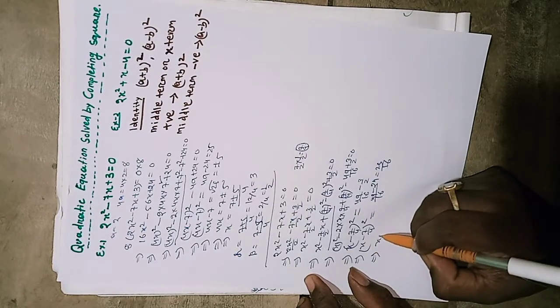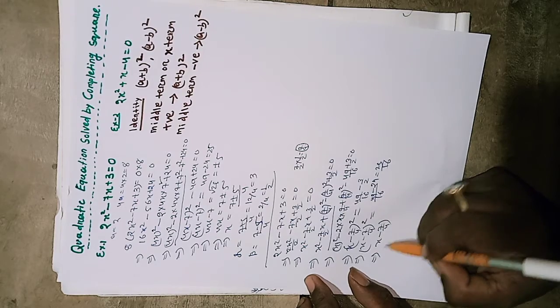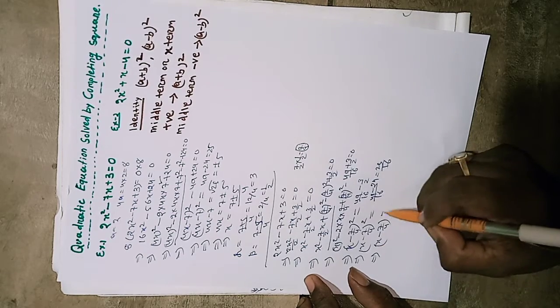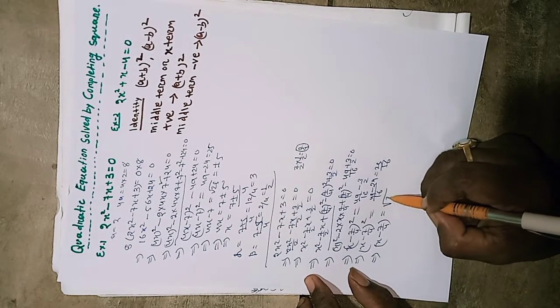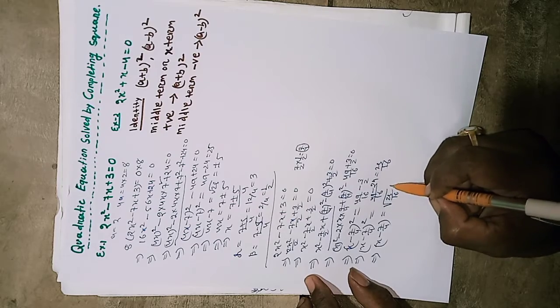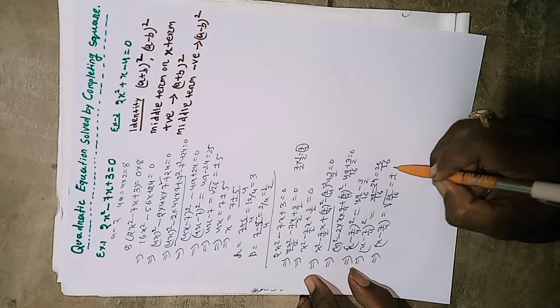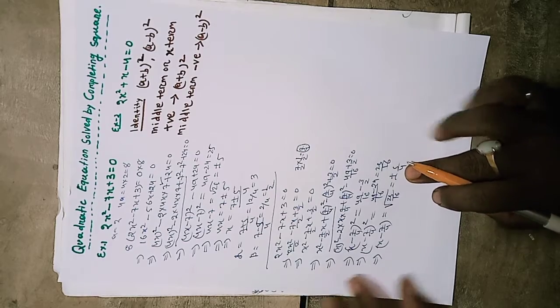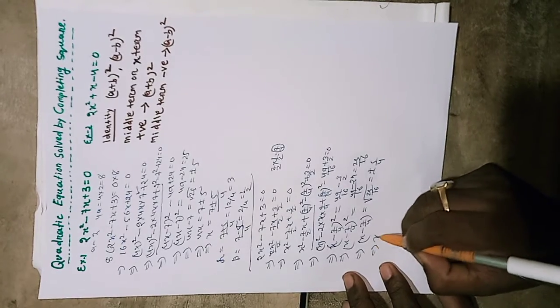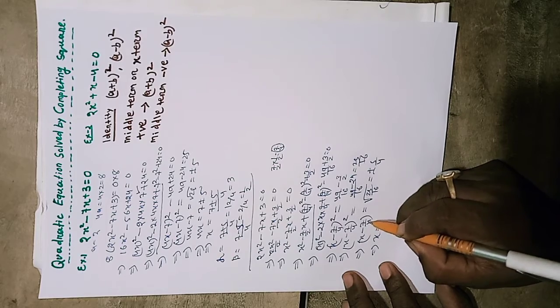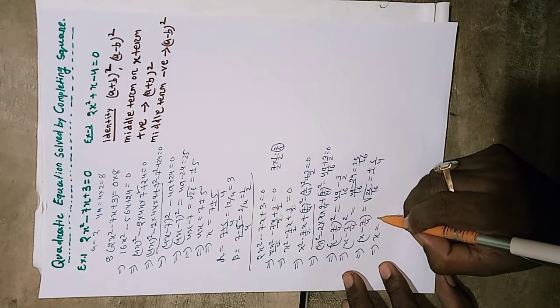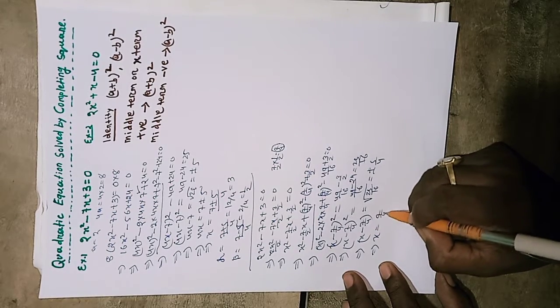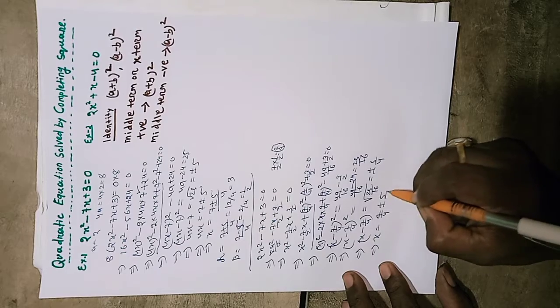Implies that x minus 7 by 4 equals root over 25 by 16, equal to plus or minus 5 by 4. Write plus or minus both. Then x is equal to, take the negative term to the right side, positive 7 by 4 plus or minus 5 by 4.